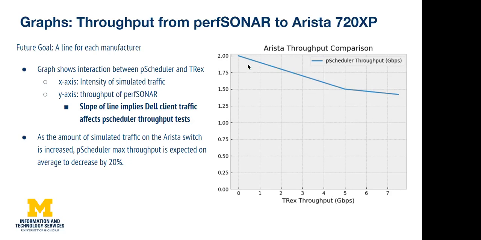And in this way, we were able to notice some experimental difference between not having any traffic on the device versus scaling up the traffic, wherein the amount of pScheduler throughput that was able to go through the network was decreased by at most 20%.